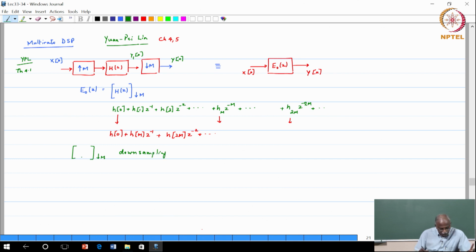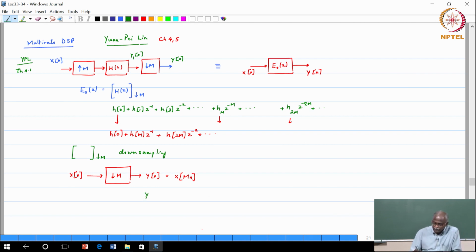If I go back to the original representation, x of n passes through a downsampler by m, and the output y of n is equal to x of mn. This is the notation that we are used to. This is how we would represent the downsampling.